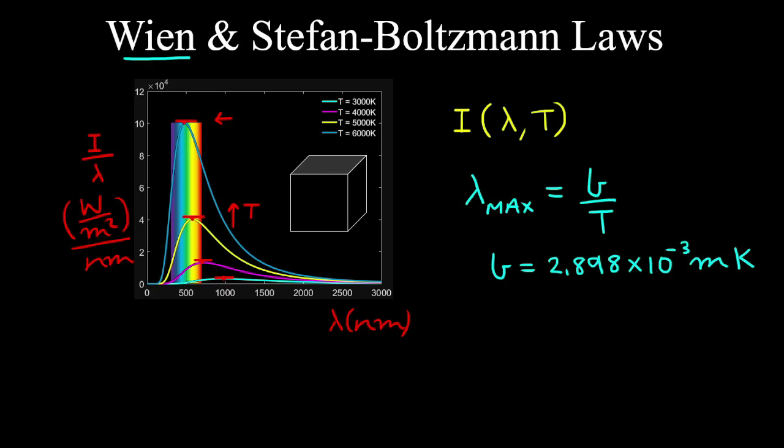Now the rate at which energy is emitted, or power, by a black body is described by the Stefan-Boltzmann law. So that's equal to the emissivity of the body by the area by the Stefan-Boltzmann constant by the temperature raised to the fourth power. So the power is proportional to the surface area of the body and to the temperature of the body raised to the fourth power. So for a black body, the emissivity is 1.